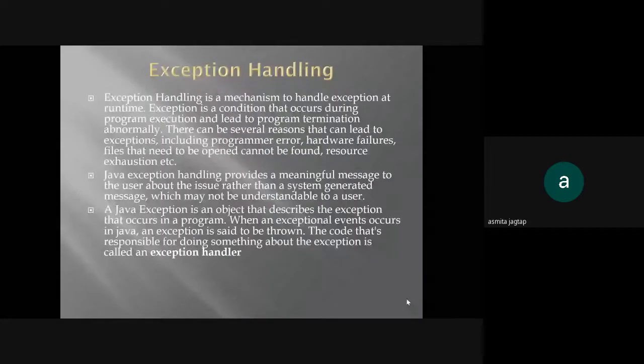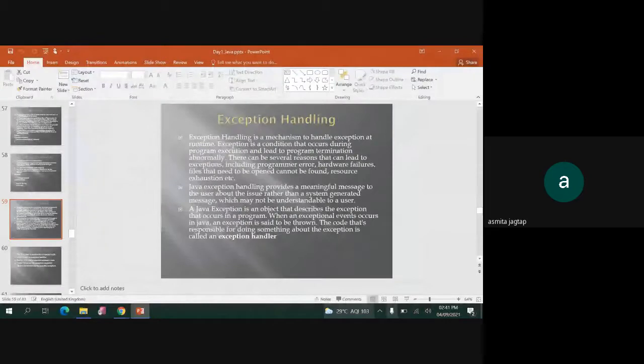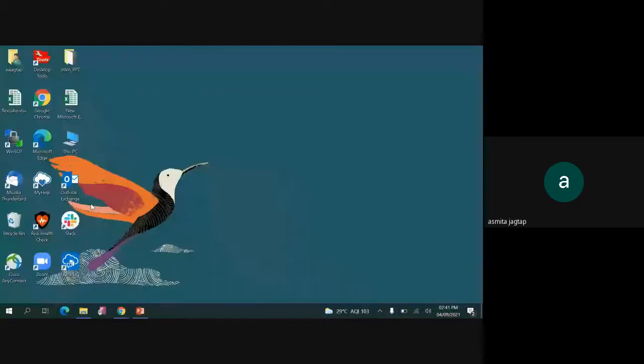These are the basic questions. Exception handling is the mechanism to handle exceptions at runtime. An exception is a condition that occurs during program execution and leads to abnormal program termination. I will show you one program for this, to see how this happens.